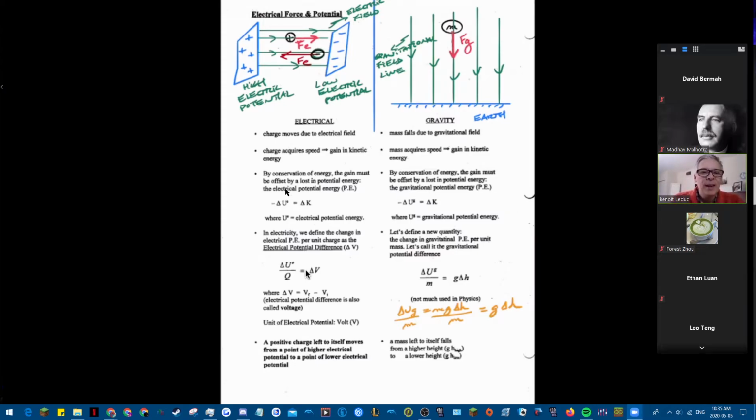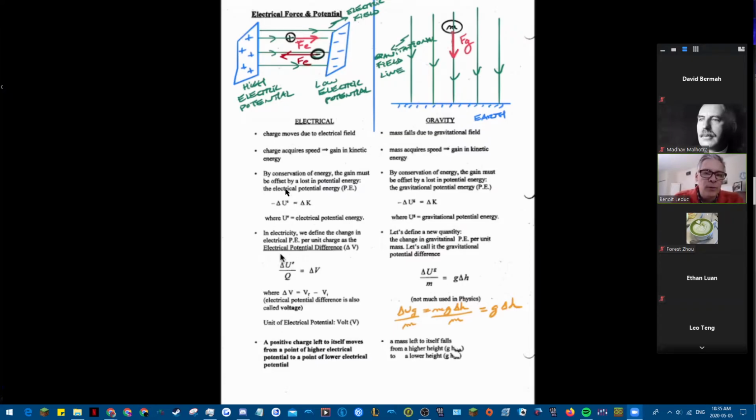All right, let me just finish here. As this mass drops down, it loses a certain amount of gravitational potential energy. If you divide this by the mass, you get a quantity, and using our formula, this would be equal to g times delta H. Forget about the g for now.